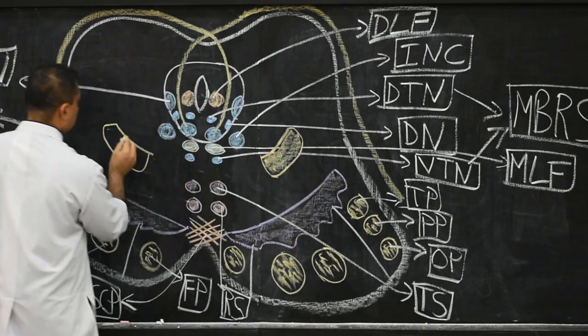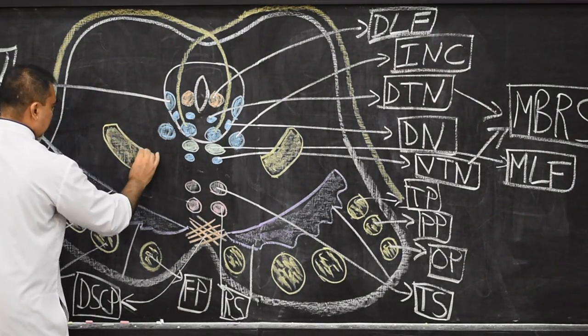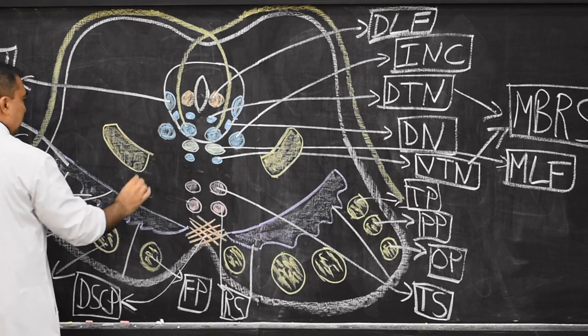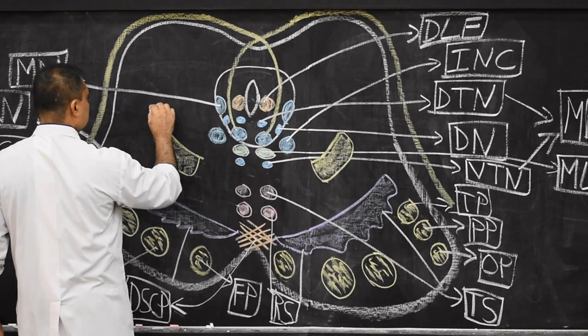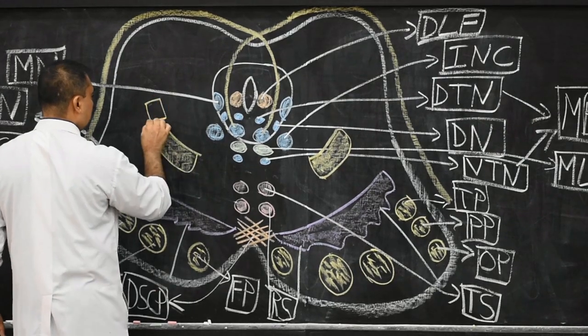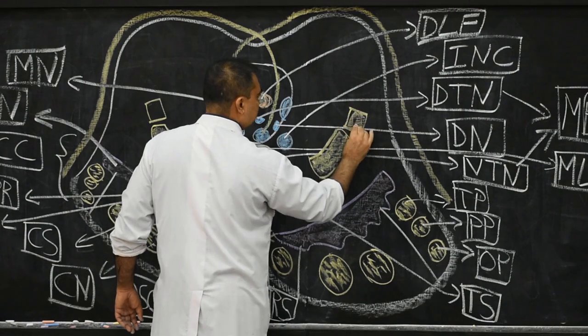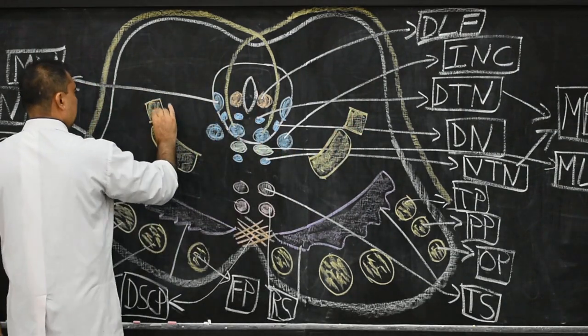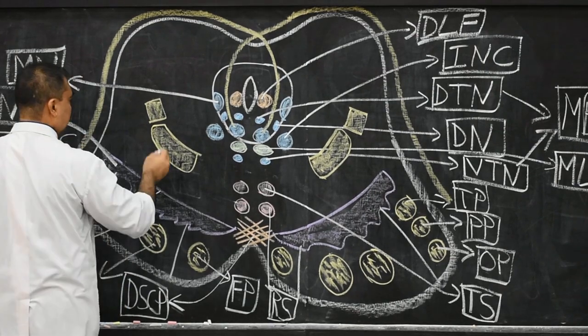Here we are drawing the medial lemniscus. What will the medial lemniscus contain? It will contain fasciculus gracilis and cuneatus. Lateral to this lemniscus, just lateral to it, we are going to draw the trigeminal lemniscus. What will the trigeminal lemniscus contain? The ventral trigeminothalamic fibers. This is very important.